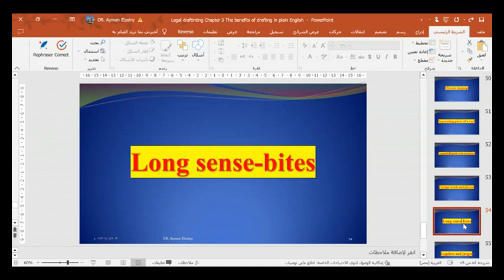Techniques are available to break text into digestible slices.